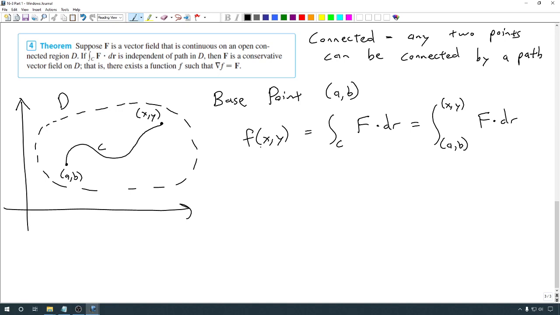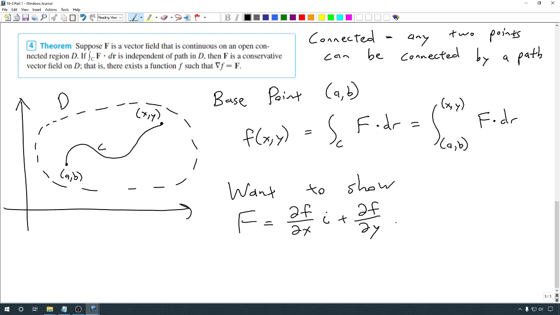So we want to show this little f is a potential function for capital F. That means not only do we need to show that f has partial derivatives, but we also want to show that capital F is the derivative of f with respect to x times i, and then the derivative of f with respect to y times j.